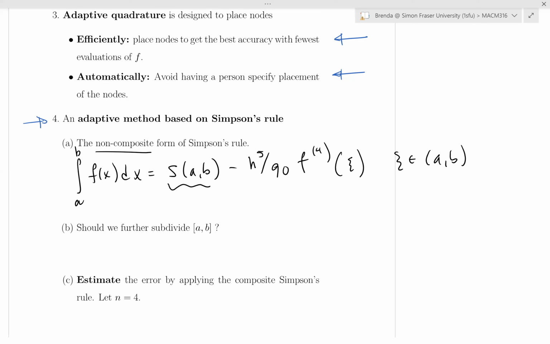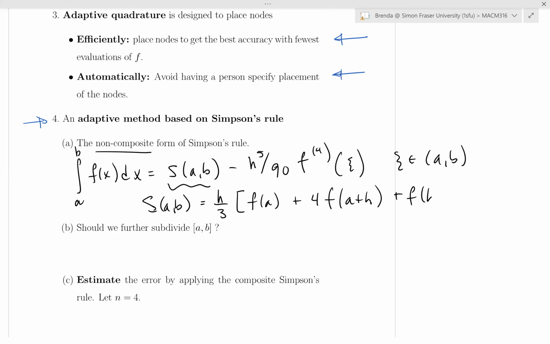This is our method, where we use a quadratic polynomial. The actual rule looks like this, h over 3. So we evaluate the function at A. We evaluate the function at A plus h, that's in the middle.